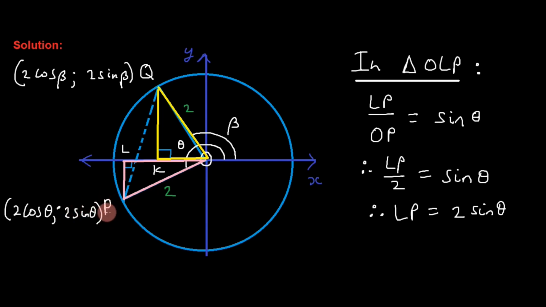Now that we have the coordinates of P and Q respectively, we're going to use the distance formula to find PQ squared here.